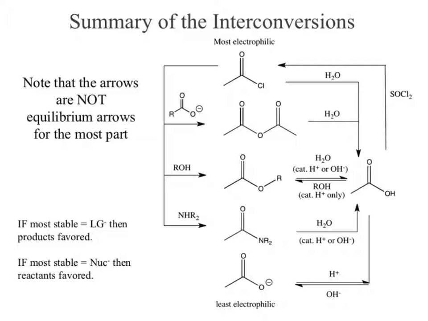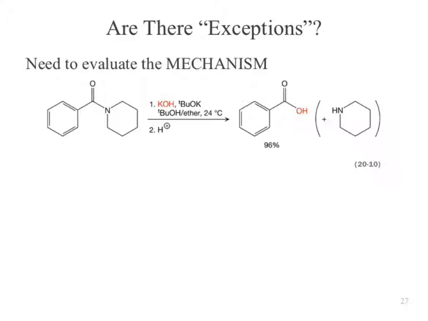Once I form this, what can I do? I can add acid to very quickly make the acid. So when we look at the overall reaction, we might think that this is counter to what should happen. That shouldn't happen. It shouldn't go up. The reason it's going up is because the amide isn't going directly to the acid. It's going to the lower rung. We're then following it up with a second step. What is that second step doing? Taking us the rest of the way.